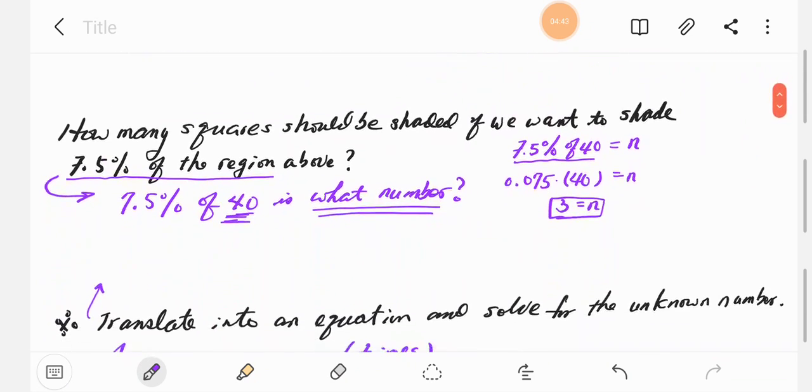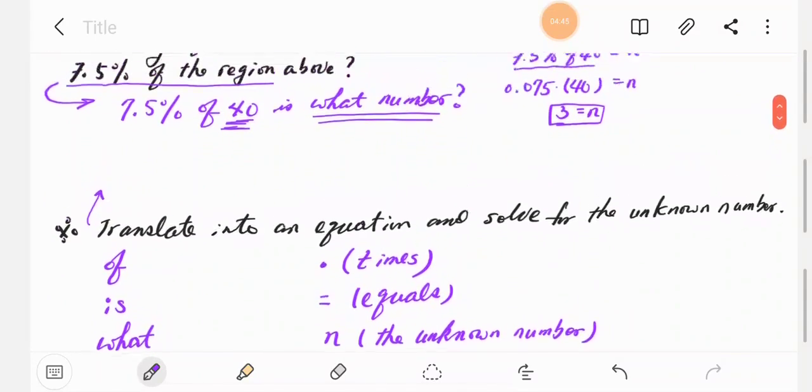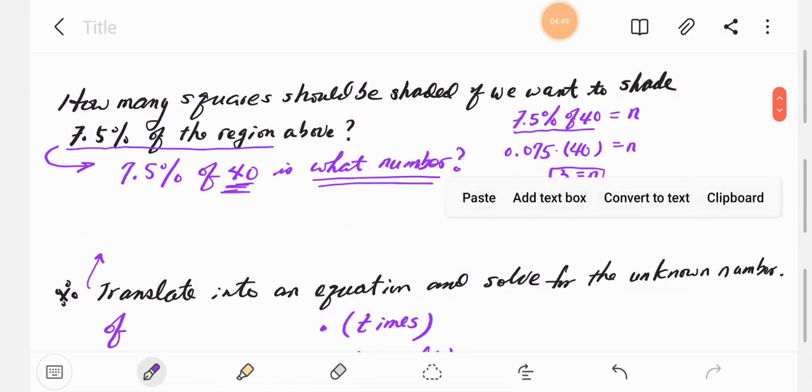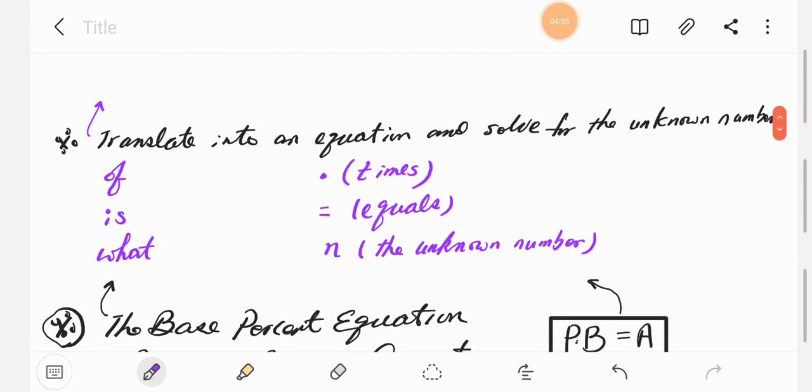So look at this. This is a really, really important concept. We need to write an equation to answer this type of question. When you write an equation, translate the word "of".